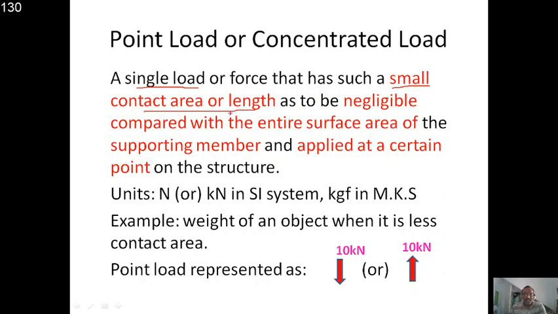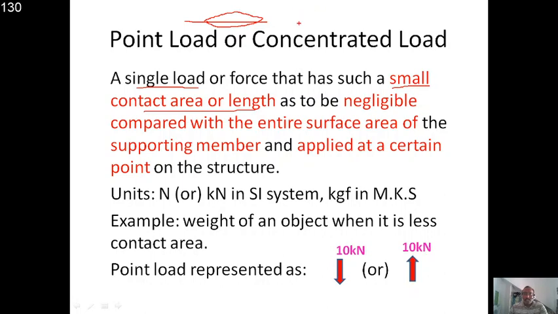The area being contacted should be negligible compared with the entire surface area of the supporting member. You can imagine a floor like this and a bag laid like this.